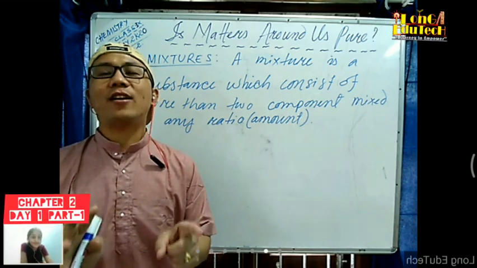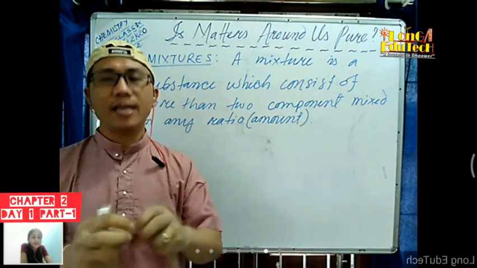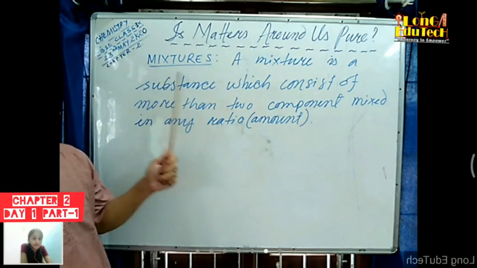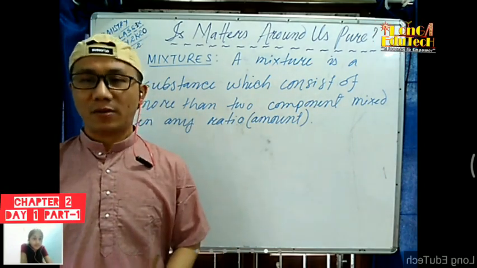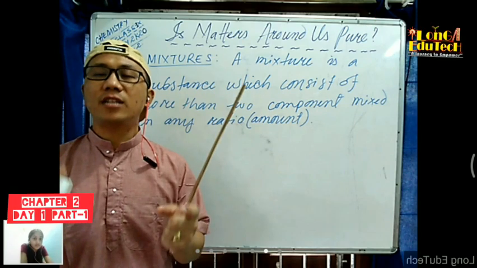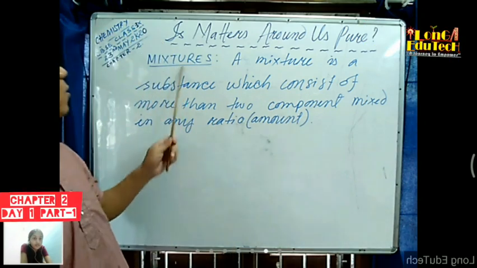So such a substance, which we can mix in any amount, we can simply call a mixture. In a mixture, more than two components are present and they are mixed in any amount. Such substances are called mixtures.